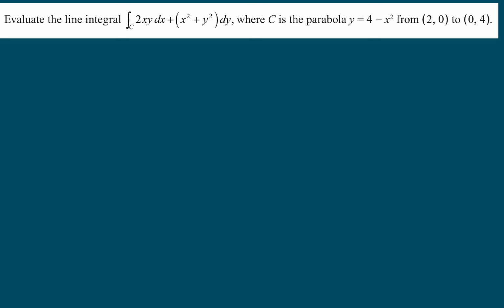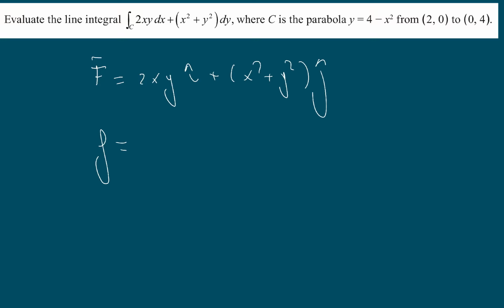So from this vector field, F equal 2xy i plus x squared plus y squared j, we already found the potential, the function whose gradient is the vector field, and we said that it is x squared y plus y cubed divided by 3.